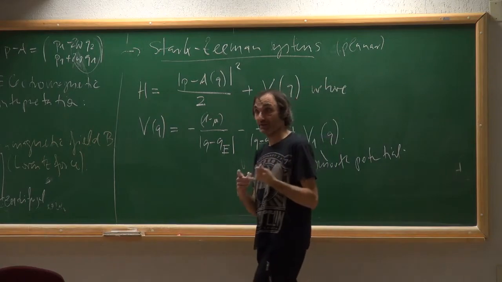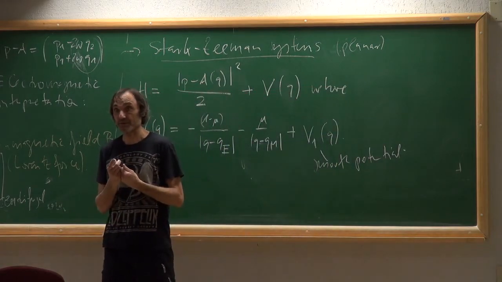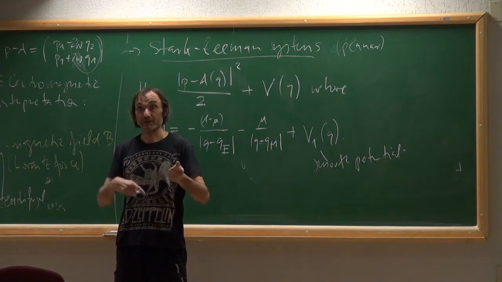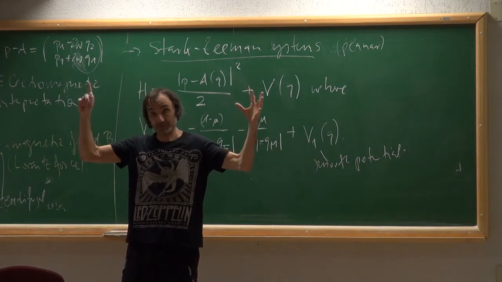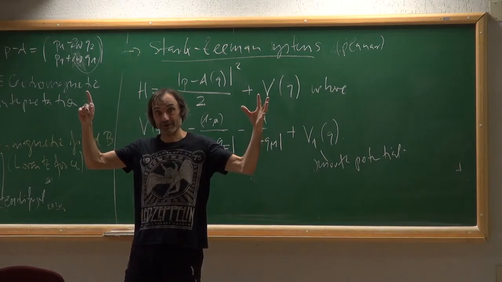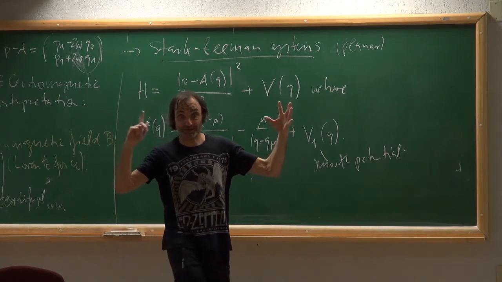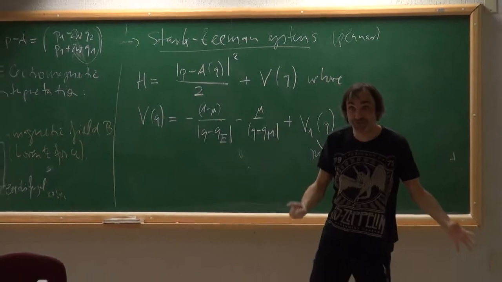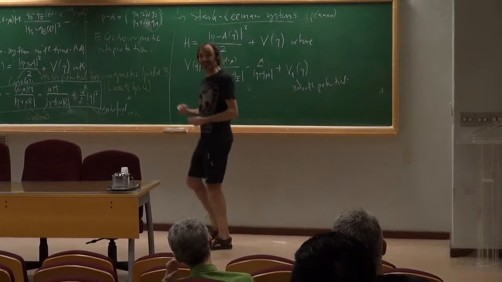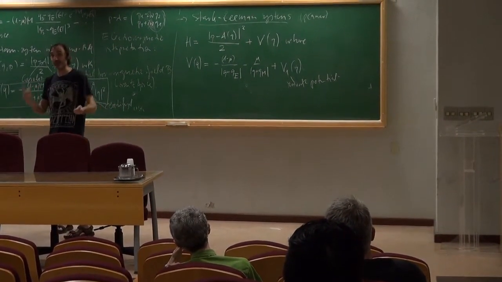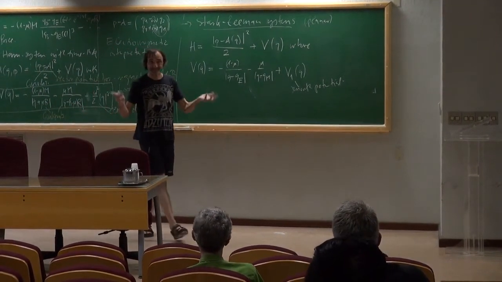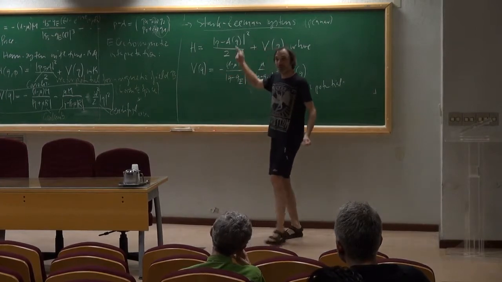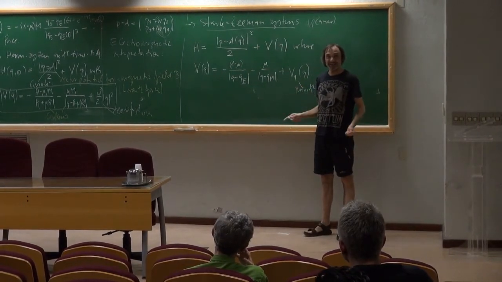The Stark system is an electron moving in the electric field of a proton and a constant external electric field, and the Zeeman system is an electron moving in the field of a proton with a constant external magnetic field. Those would be special cases of this one.